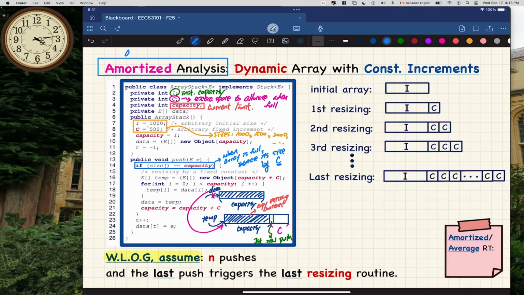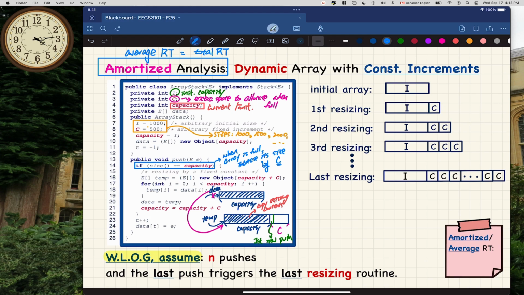You can think about this, it's really like calculating the average running time, which conceptually is really about the total running time. You can think about the total running time as adding the running time for individual pushes over some period, okay?